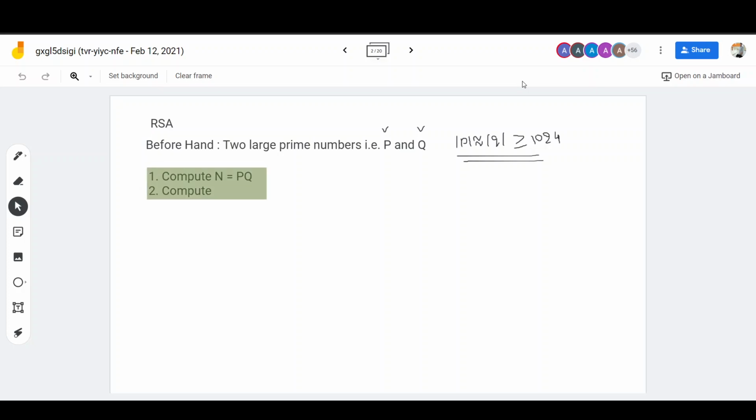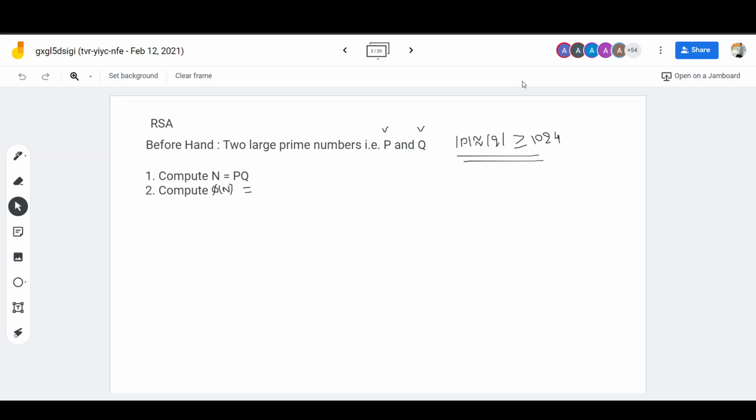I need to compute phi of n. This is according to Euler's theorem. We discussed Euler's theorem in our class. In Euler's theorem, for any positive integer n, we represent how many relatively prime numbers there are in Zn with the help of phi of n.